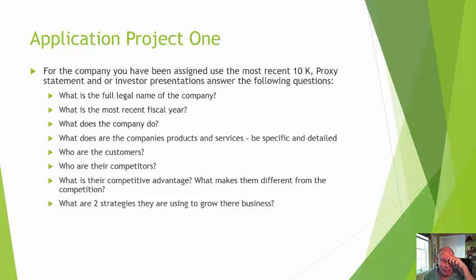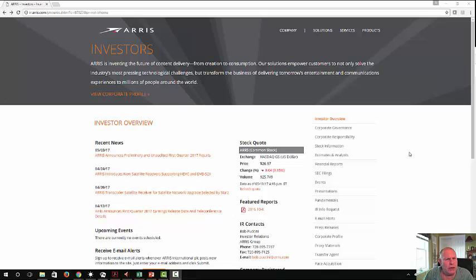The first step is to go to the website for your company. And I've given you the link so you can go right there. So let's take a look at what I'm going to do. Okay, what I've done is I've gone to the investor page. The investor page is intended to give the public information.